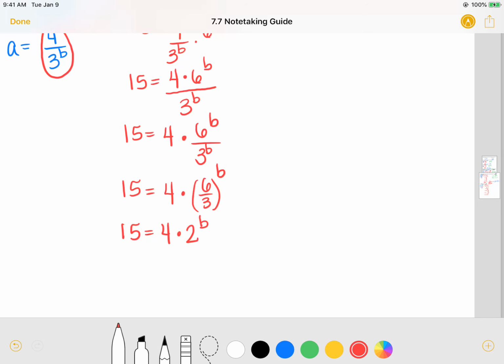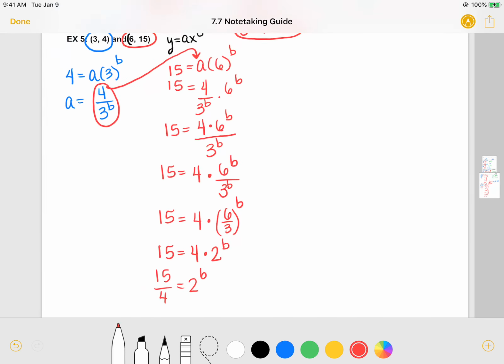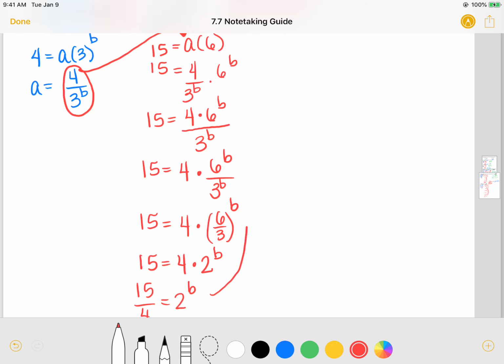Okay? So let's see here. We are getting close to isolating our exponent. The next step we want to do is divide by 4. So 15 over 4 equals 2 to the b power. Okay? Now at this step, this is where we want to rewrite as a logarithm. So I'm going to take this guy right up here. We want to rewrite him as a logarithm.